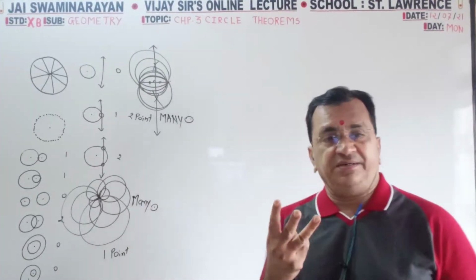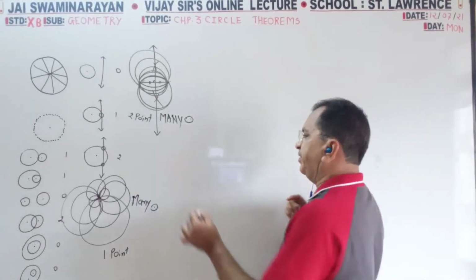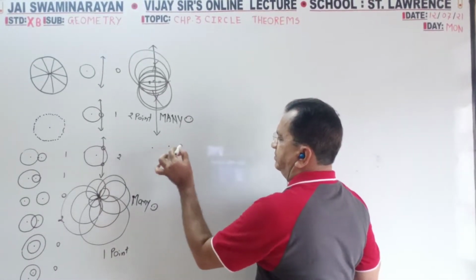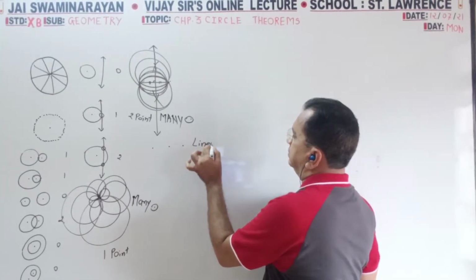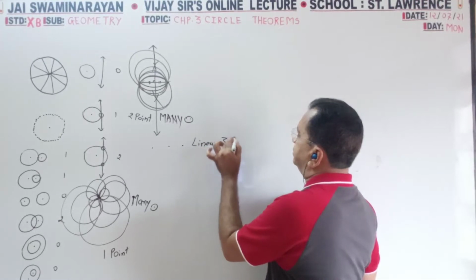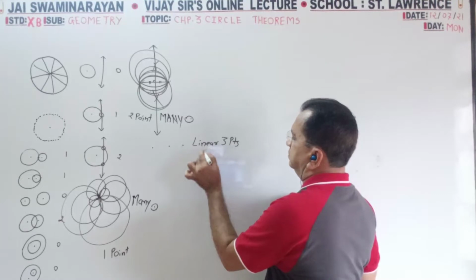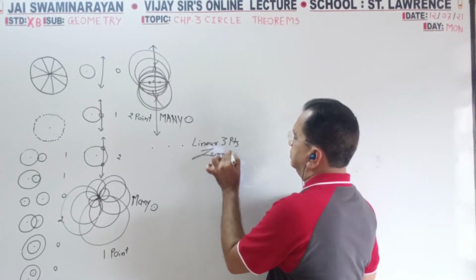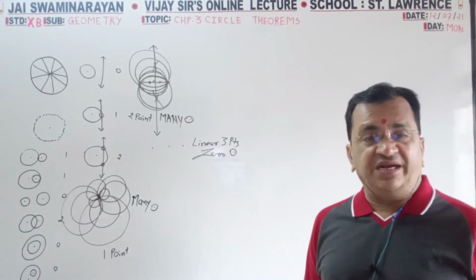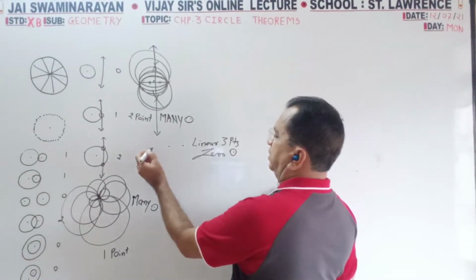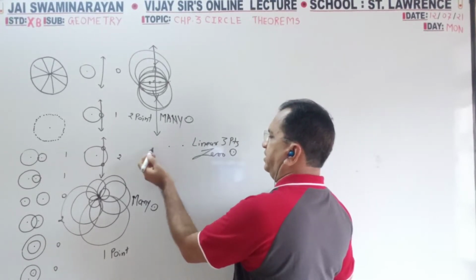Now 3 points. How will we take 3 points? 3 points can be on the same line, so linear 3 points, 0 circles. If it is linear and I draw a circle from this, this will remain.